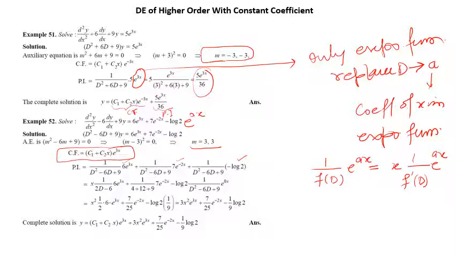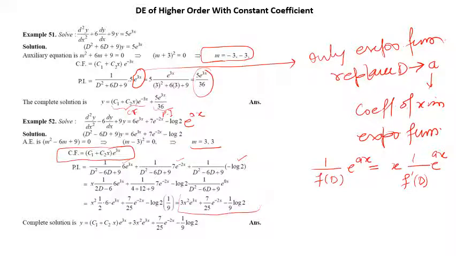Then this is again, if we replace D by 3, this becomes 0. What do we have to do? Again multiply by x and take the derivative of this term. The derivative of this term with respect to capital D is 2. So we get x square by 2 times 6 e to the power 3x, and this 7 by 25, minus log 2 by 9.